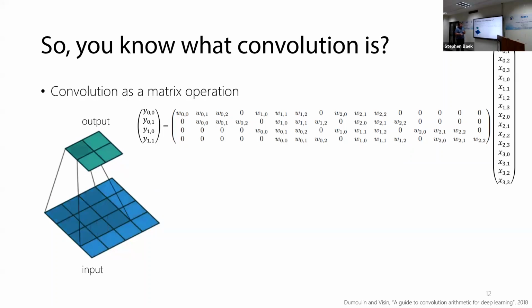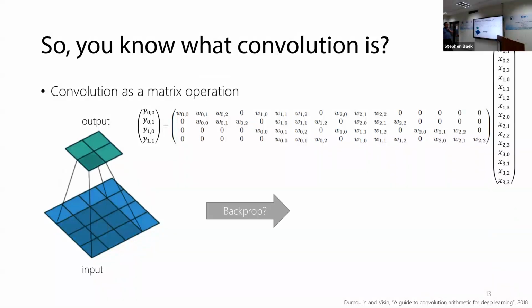So we have 9 values, and those 9 values are multiplied in a particular manner to produce the output, which in this case is 4 pixels: Y00, Y01, Y10, Y11. And if you look at the geometry of how the numbers are multiplied, this is the matrix representation of that multiplication.